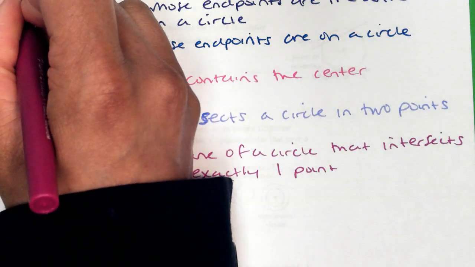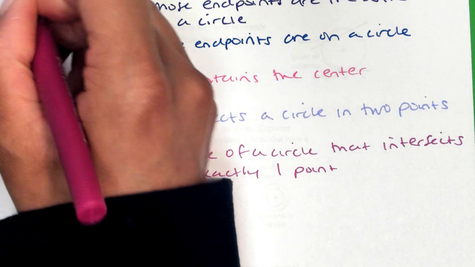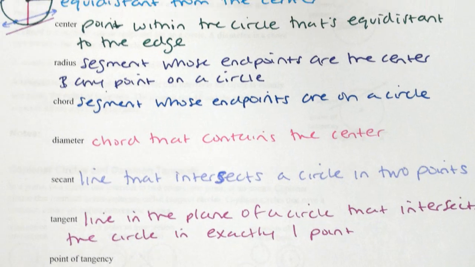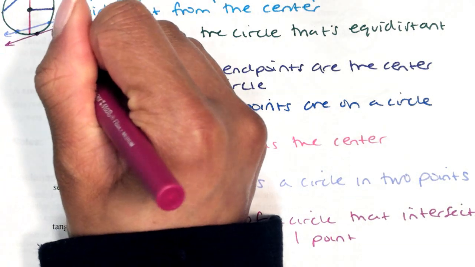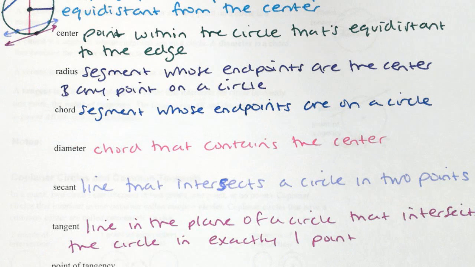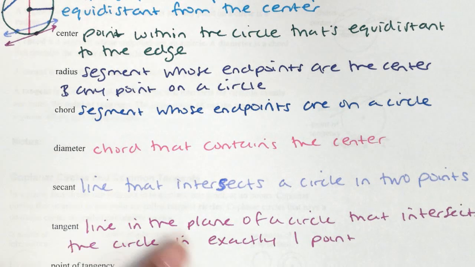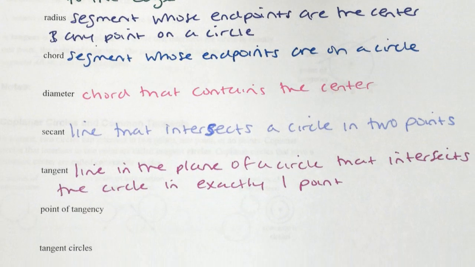So if it lays right on the edge, for example, like this one does, that is a tangent line. Now that exact one point is called the point of tangency.